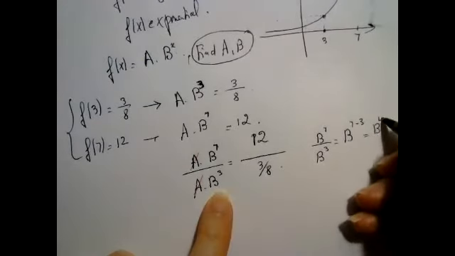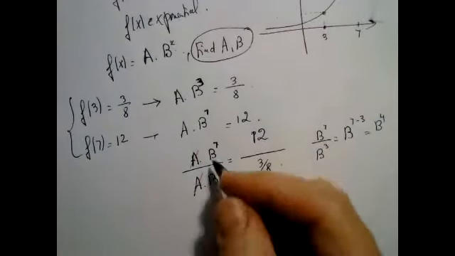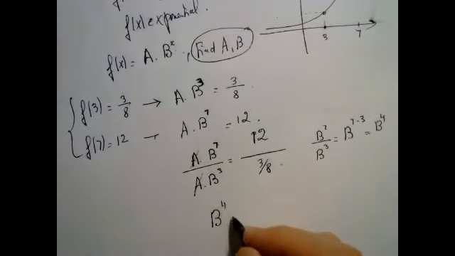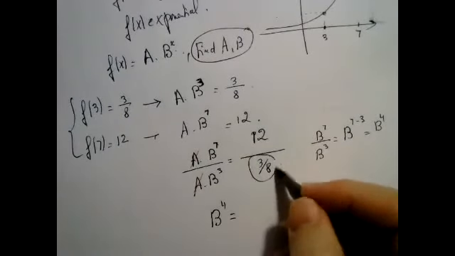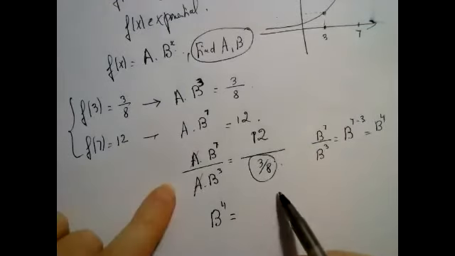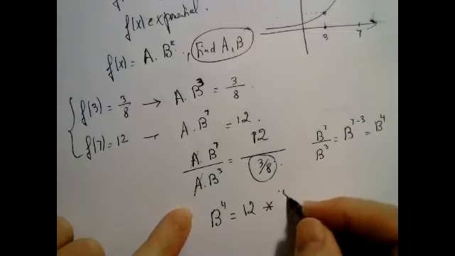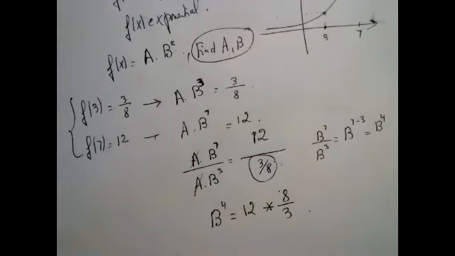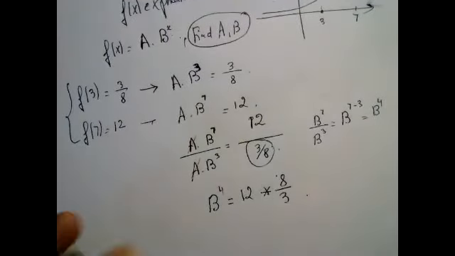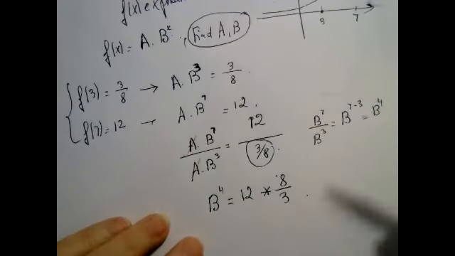This will give me b to the power 4. So b to the power 4 equals 12 over 3 over 8. Remember that this is a fraction. It means it's 12 times 8 over 3, because dividing by a fraction is multiplying by the reciprocal.